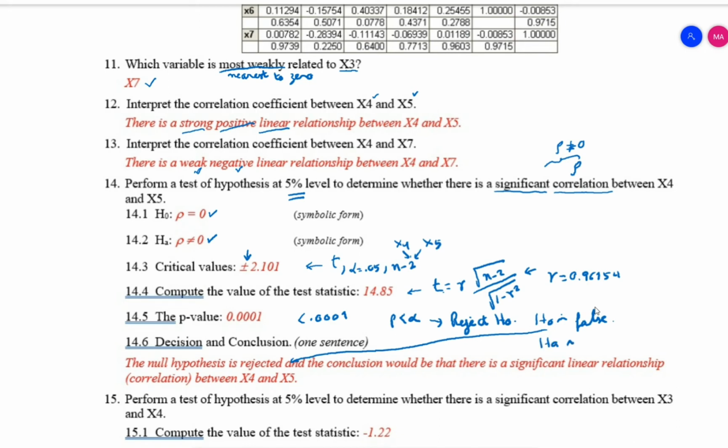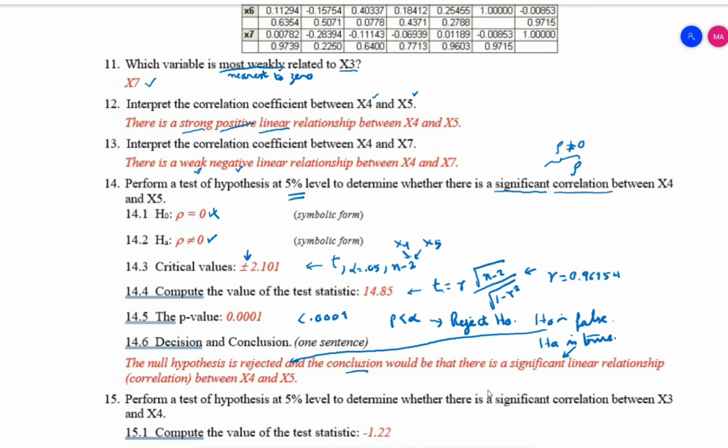That means HA is true. Rho is not zero. Rho is not zero means X and Y are significantly correlated. Significant linear relationship or correlation. So how to write, you learn.